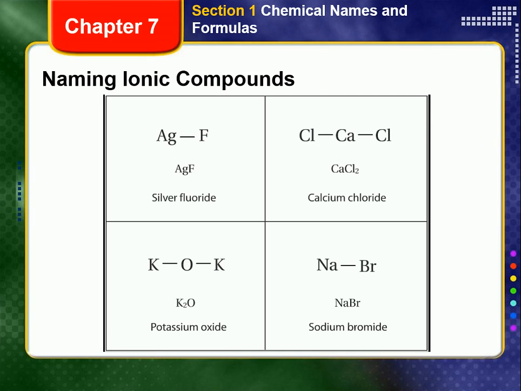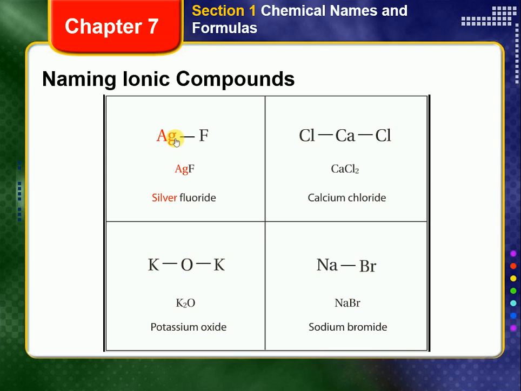So as we take that information that we now have, the positively charged ion just keeps its same regular name. In these examples, it's silver, calcium, potassium, and then sodium. We don't change the name. It's the negatively charged ion that we drop the last syllable and add IDE.